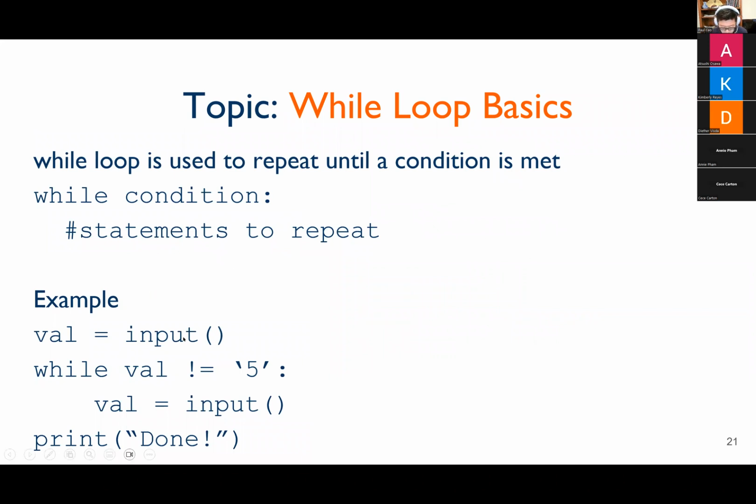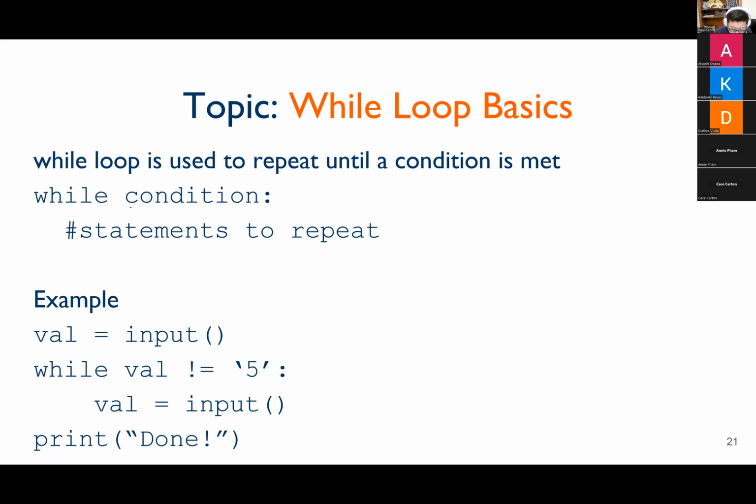So in here, for example, say I want to get something from the user. While the user doesn't give me a 5, I will keep asking. I have no idea how many times the user would take before they gave me a 5. So this is a good condition for a while loop.